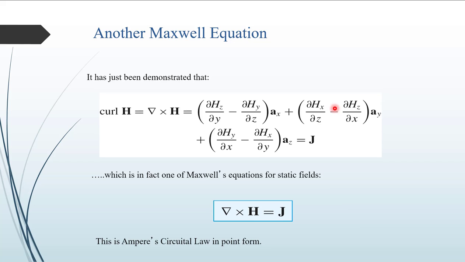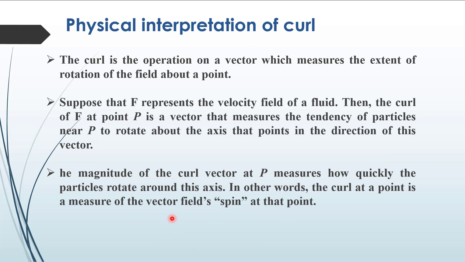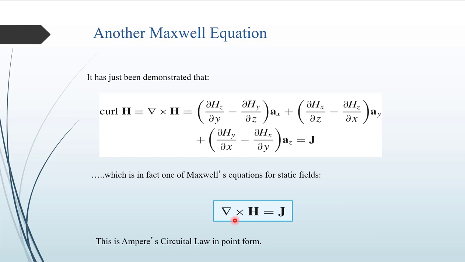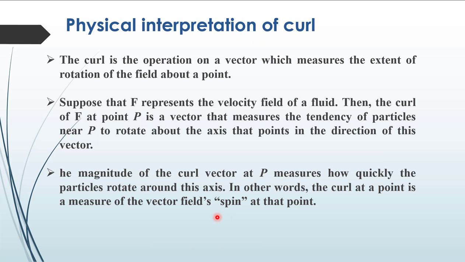So we can equate these terms as Jx plus Jy plus Jz, that is nothing but capital J. So finally we can write del cross H is equal to J bar, and this equation is known as the point form of Ampere's law, or it is one of the Maxwell's equations for static fields in the magnetic field region. So let us see the meaning of the curl in physical phenomena.